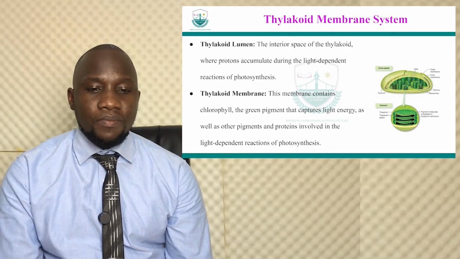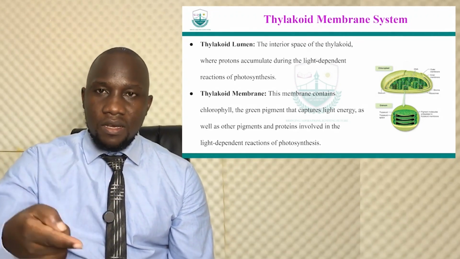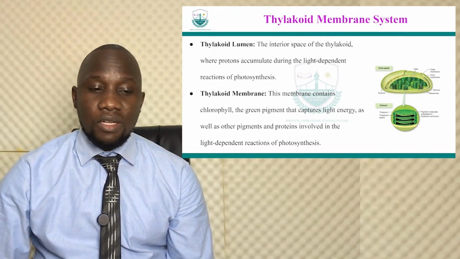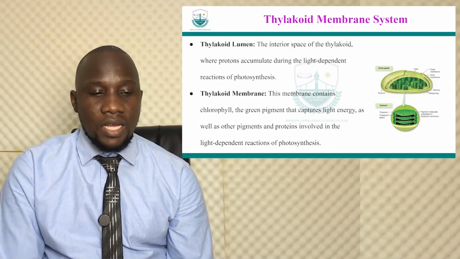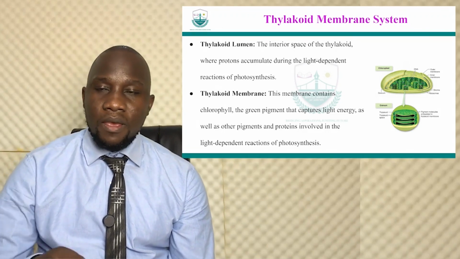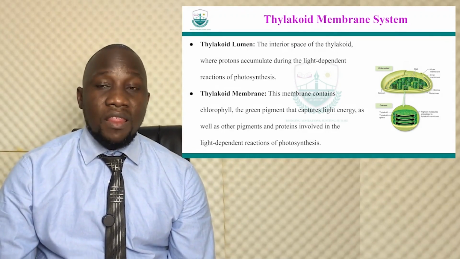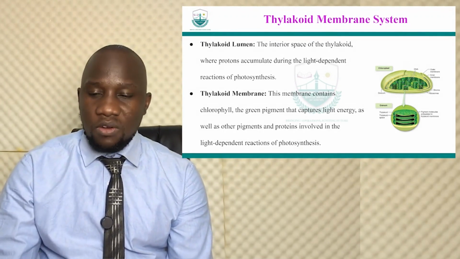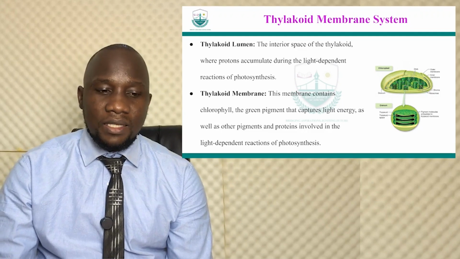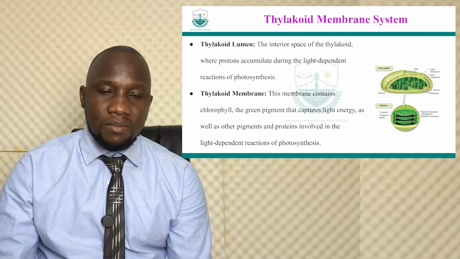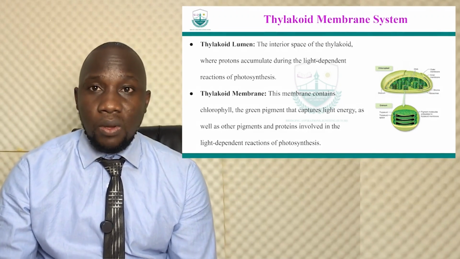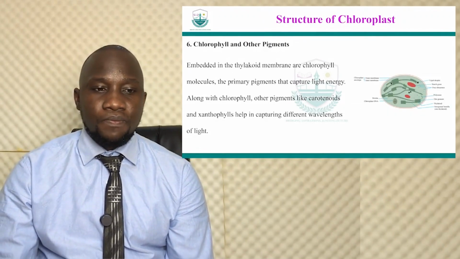And then the surface of this compartment, the thylakoid membranes, is where you have chlorophyll, which is the pigment that absorbs sunlight. Okay, so this thylakoid membrane is the site for one of the stages of photosynthesis, and that stage is the light dependent stage, which we often call the light stage.